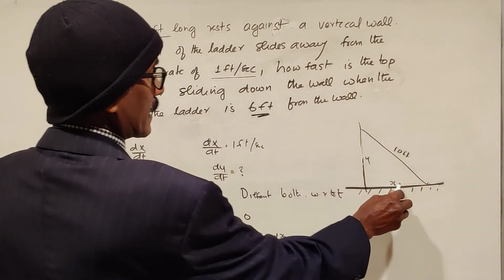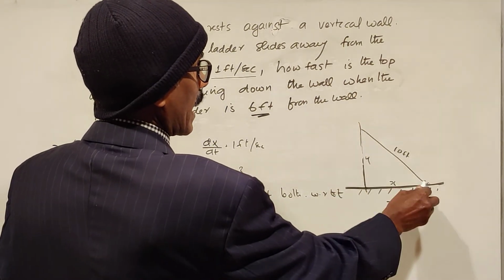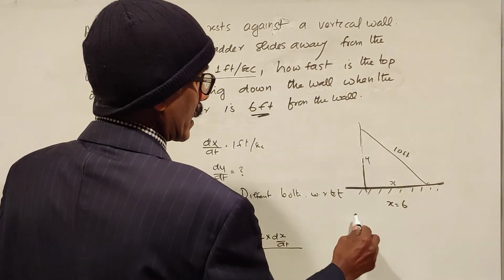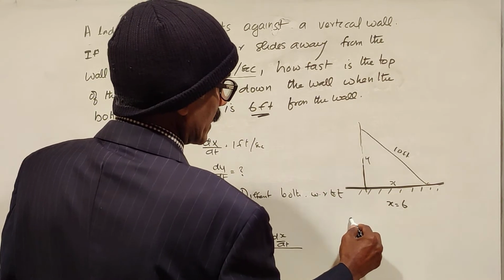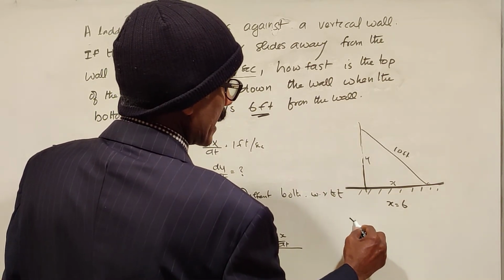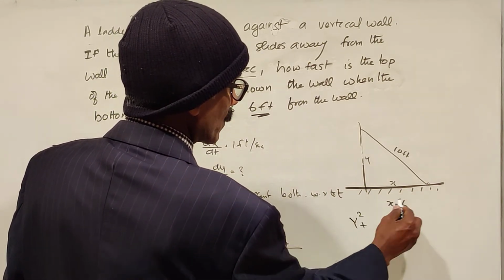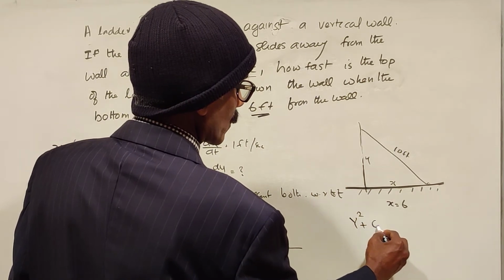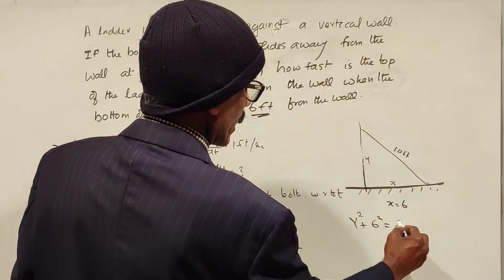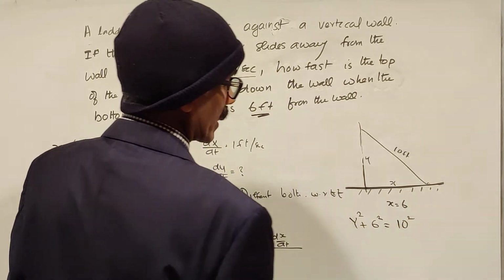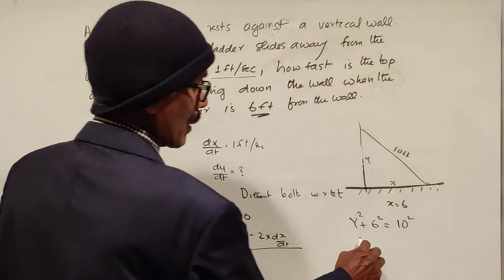See, x is 6. Length of the ladder is 10. Then find y, the height. See, this is the formula: height square plus base square, that is 6 square, equals 10 square. That is the Pythagoras theorem.